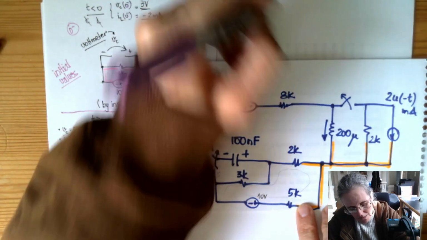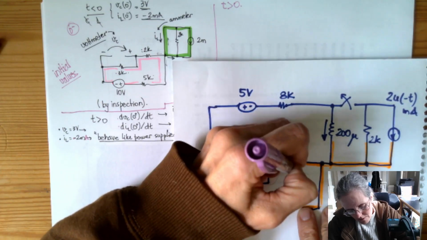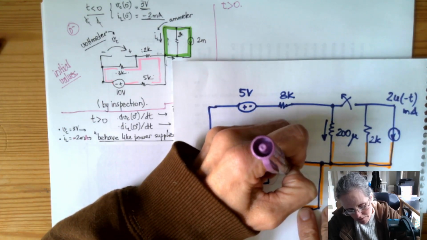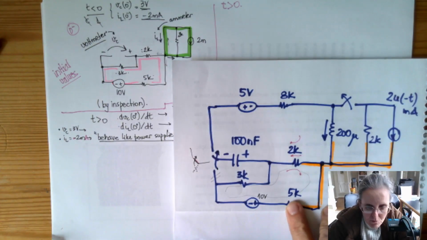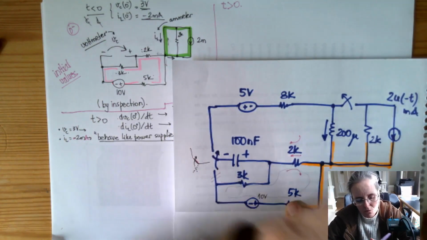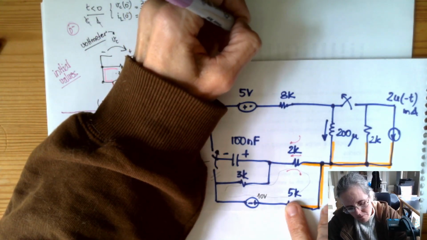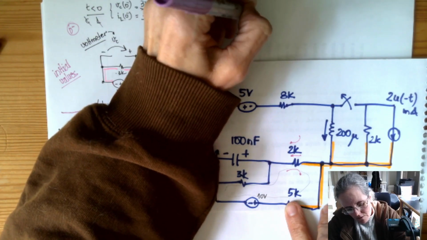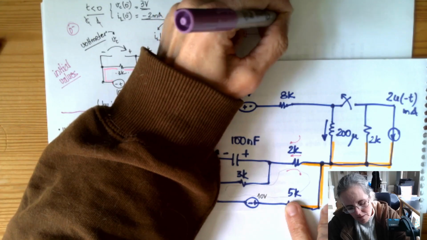So this 2K has a current here, and that means I need this mesh current and this mesh current in case I'm going to do mesh analysis or nodal voltages. So let's do this. Capacitor, 5 volts, 8K.